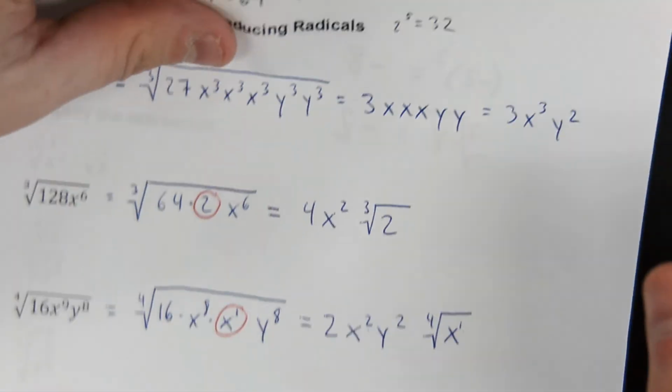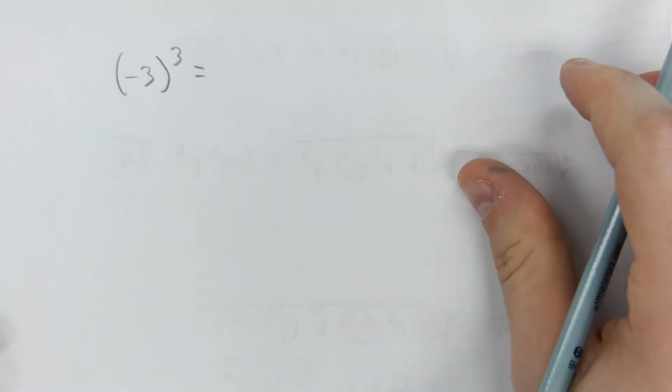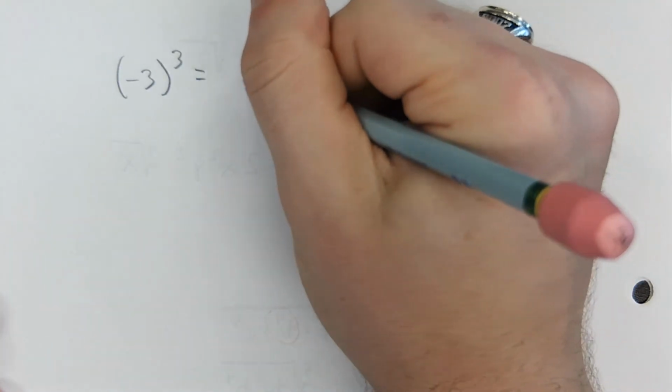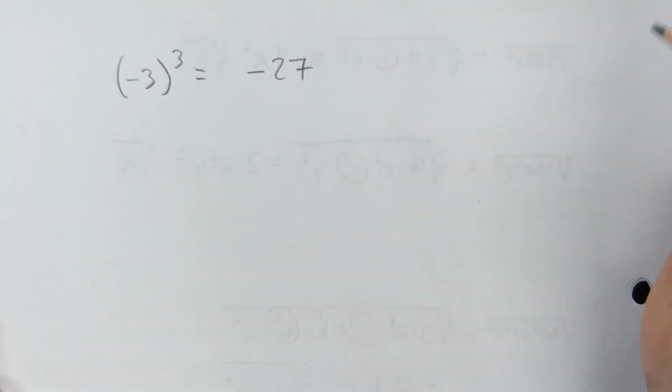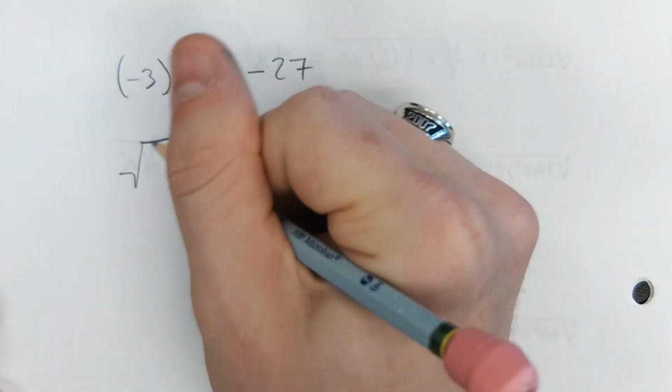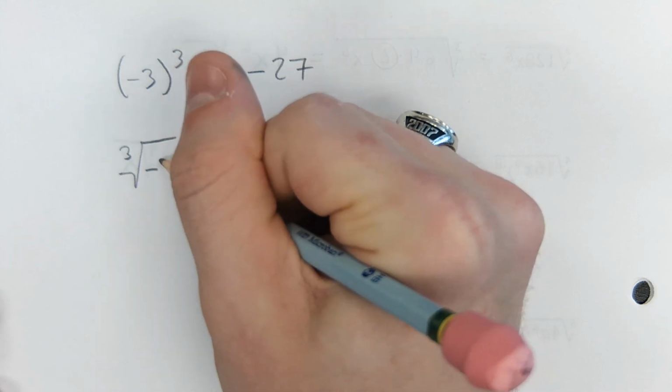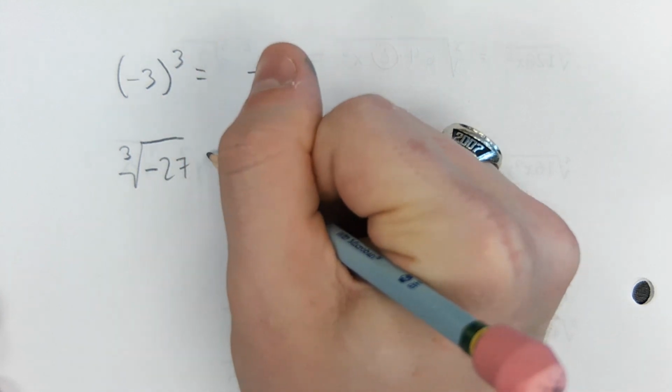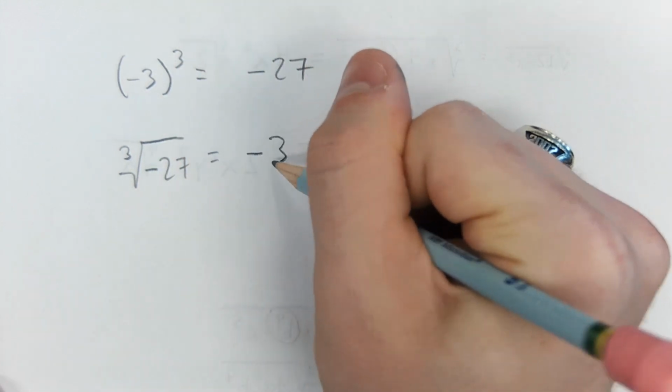Let me flip the paper over real quick and show you that negative 3 to the third power is negative 3 times negative 3 times negative 3, which is negative 27. That means the cube root of a negative 27 is simply negative 3.